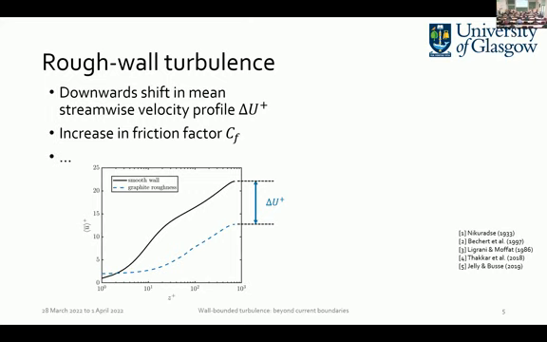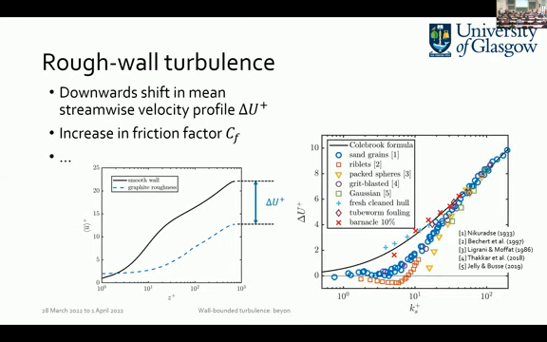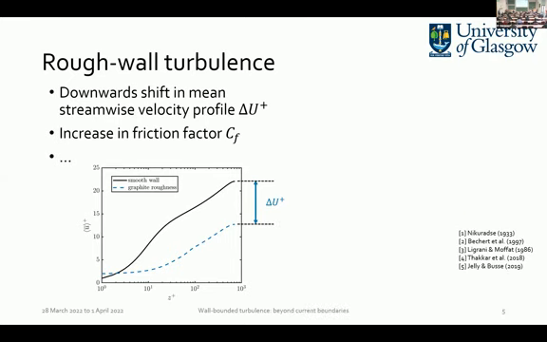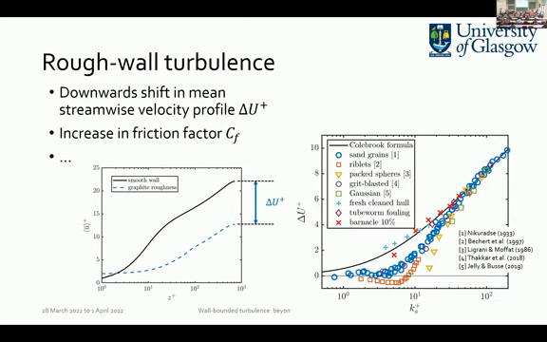If we consider rough wall turbulence, of course, surface roughness affects the near wall turbulence in many ways. But in today's talk, I will mainly focus on the Hama roughness function, which is a downward shift in the mean streamwise velocity profile compared to an equivalent smooth wall case. If we plot this roughness function versus the roughness height scaled by the viscous length scale, then we would expect an increase of delta U plus as k plus increases.